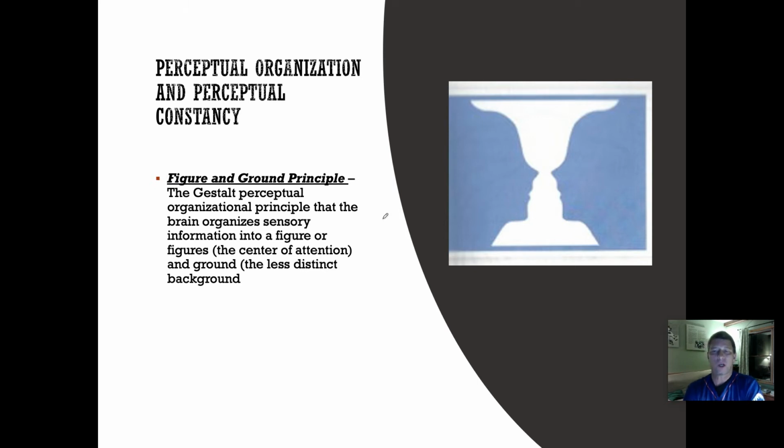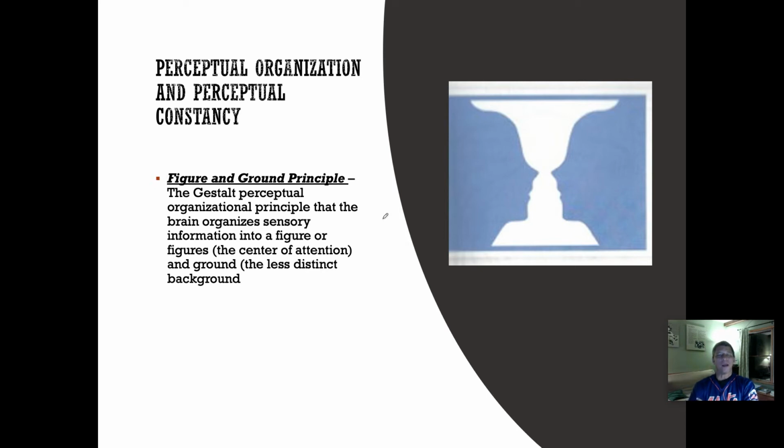If you concentrate on the blue, you'll see the faces of, I think, two women looking at each other. However, if you concentrate mostly on the center of the picture, you see a vase or a table or maybe a weird looking cup, for example.